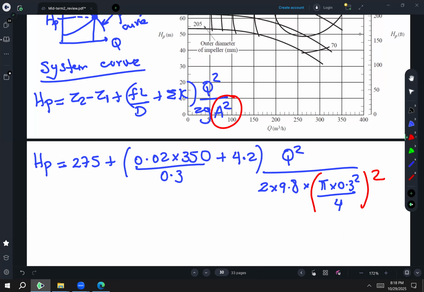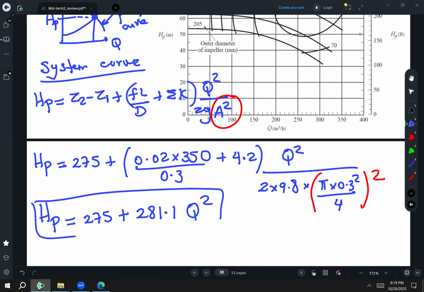So if we use the calculator, we are going to get HP is equal to 275 plus 281.1 Q square. Of course here HP is in meters and Q is in cubic meters per second. So this is my system curve.